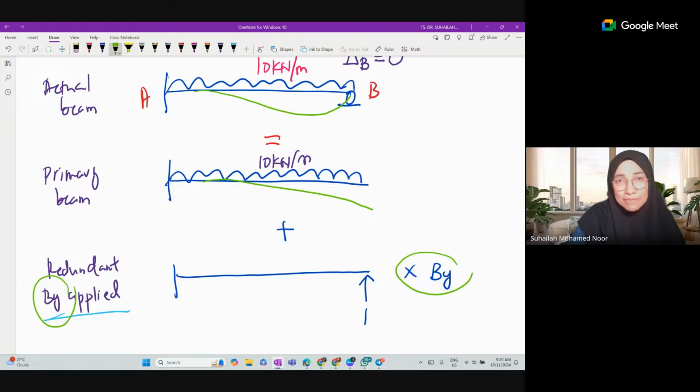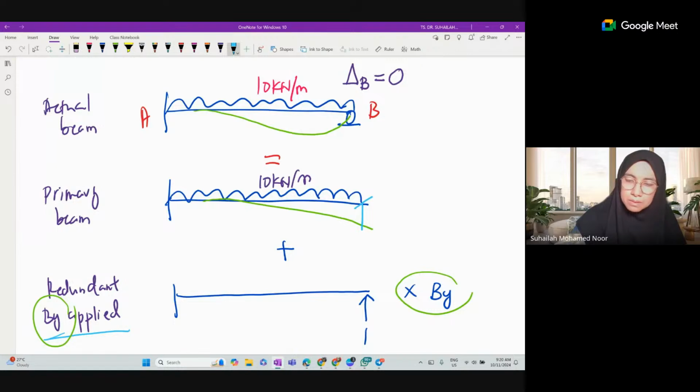Now we have to mark the displacement or deflection at B. The deflection at B occurs due to the uniformly distributed load.